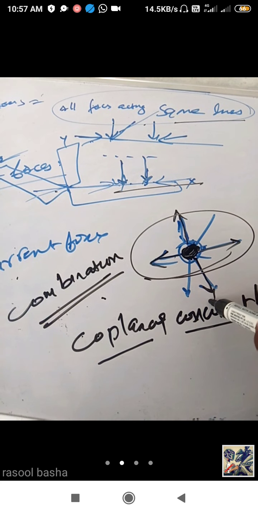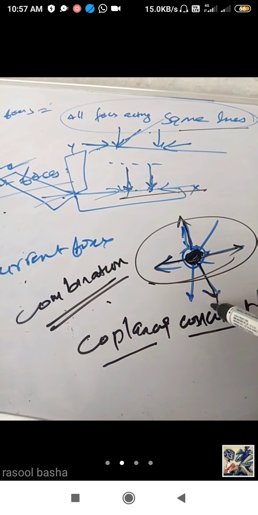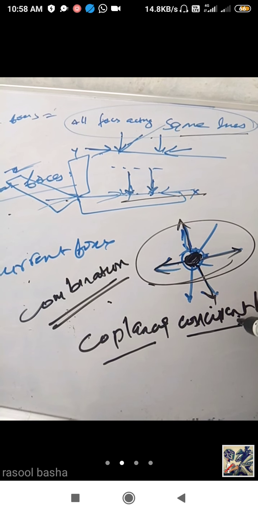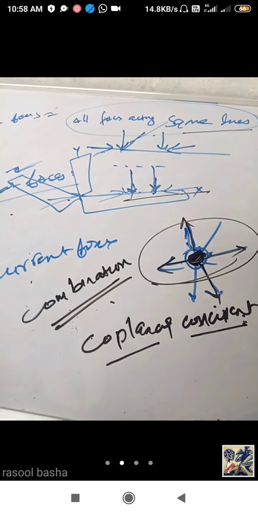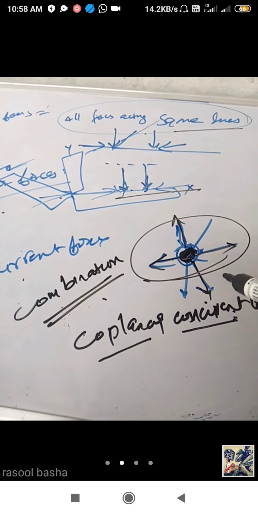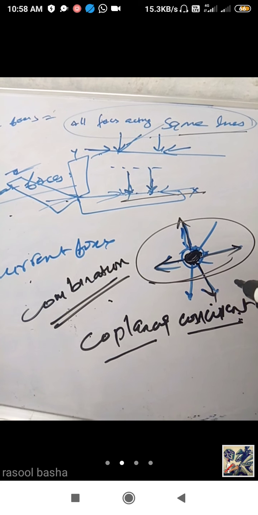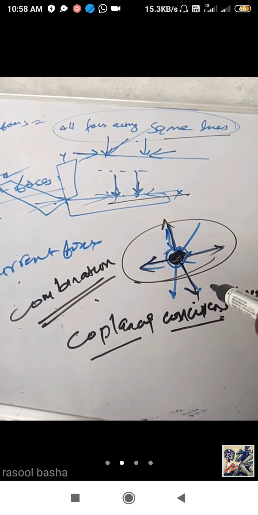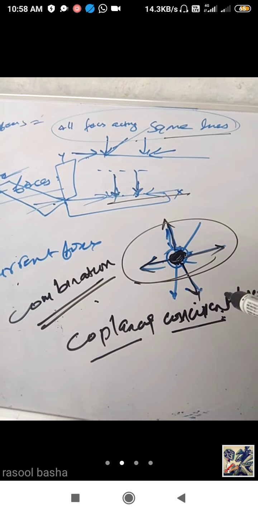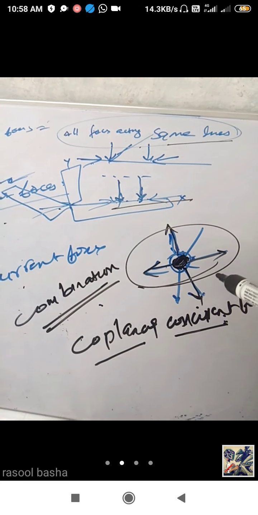The definition is: the line of action of all forces passes through a single point and the forces lie in the same plane. These forces we call coplanar concurrent forces.